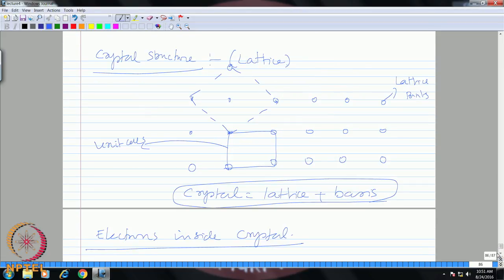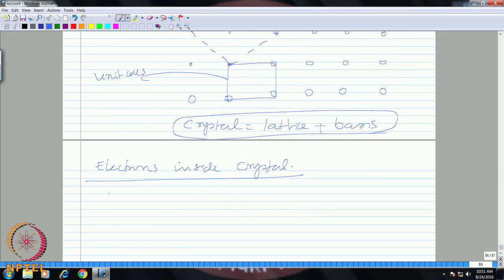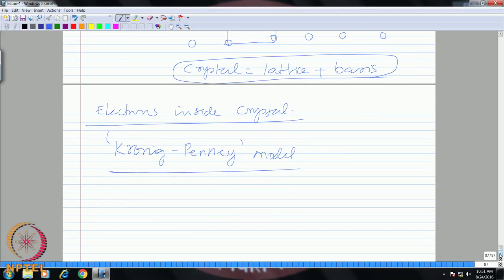A very popular model to describe the electrons in a crystal is called the Kronig-Penney model. So, you have atoms, and the interaction between the atoms gives a potential.